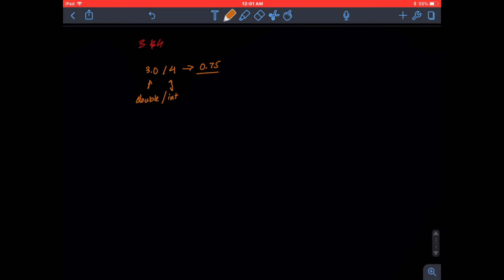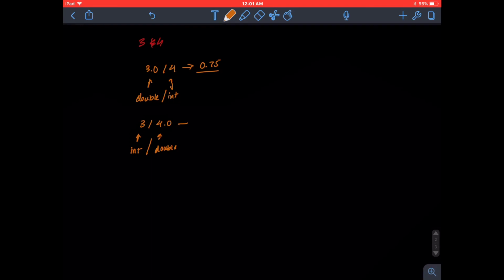Okay, that's all cool. Now what if we have 3 divided by 4.0? Now we have an int value divided by a double value. Well, much like the example above, this will work in the exact same manner. It will actually print out 0.75, assuming that is stored within a double variable.